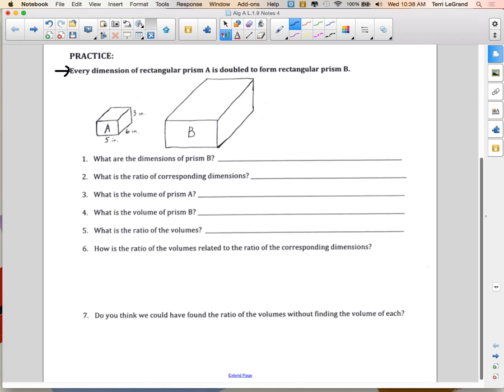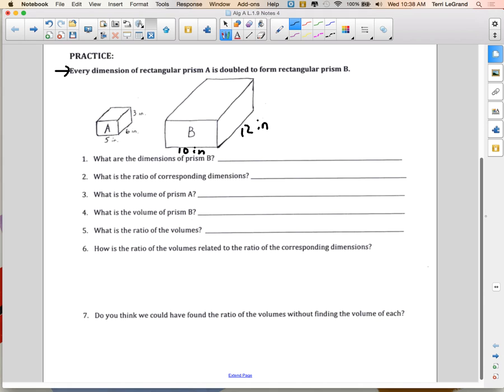Okay, so what are the dimensions of prism B then? Well, let's do it on the figure first. What's 5 doubled? 10. So that's going to be 10 inches on prism B. Whether we call it length and width doesn't matter which one we call it. 6 inches is going to become 12 inches.